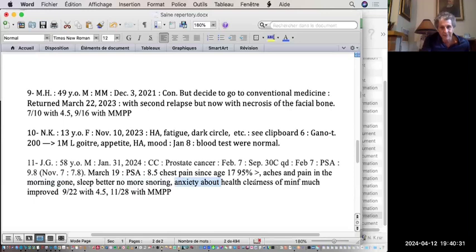Anxiety about his health because of the cancer. And he also had brain fog. I don't remember if the brain fog was from COVID because he did get COVID, but he had brain fog that lifted with Sepia, much improved. So here in the 4.5, he had 9 and 20 for a value of 22.